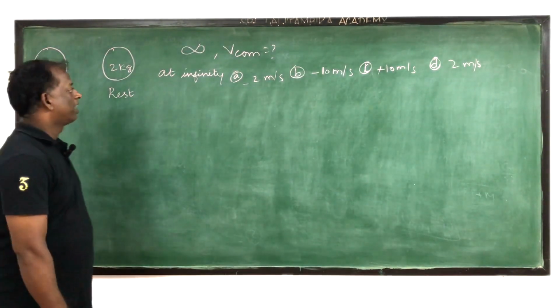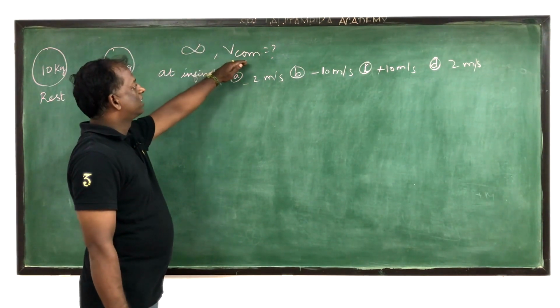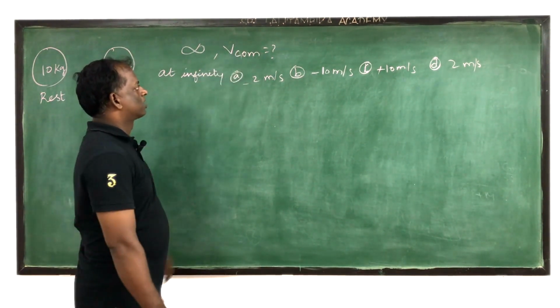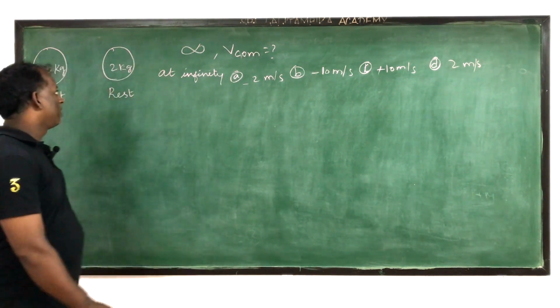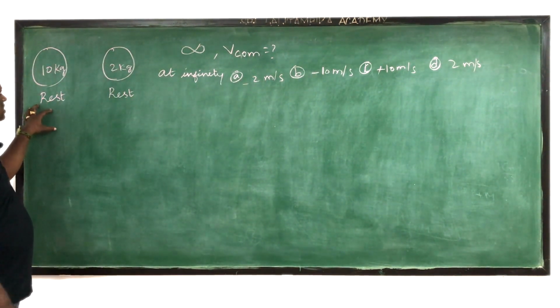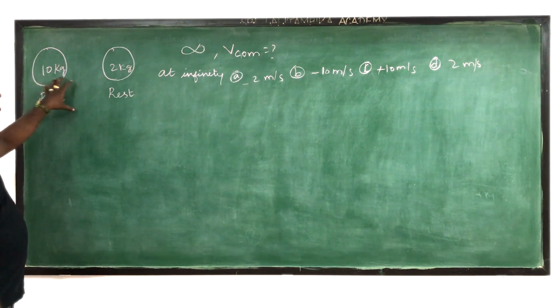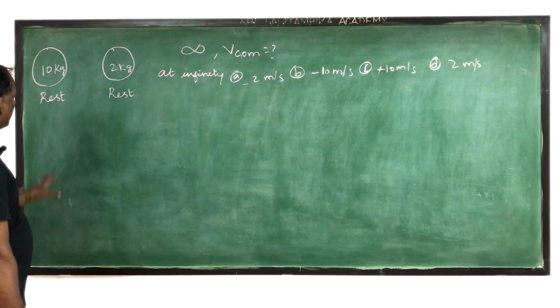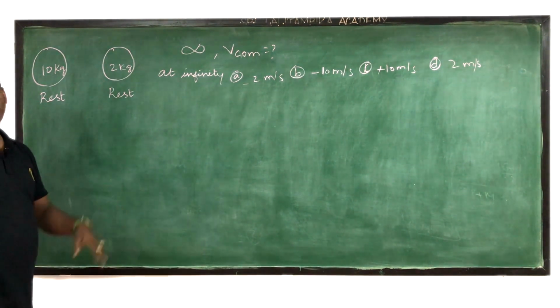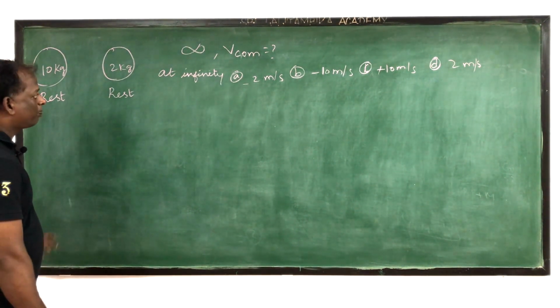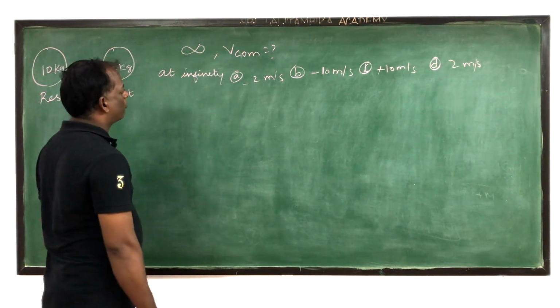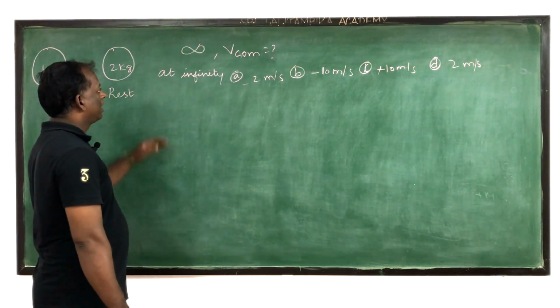So இந்த क्वेश्चन நம்ம என்ன கேட்டிருக்காங்க? Velocity of center of mass கேட்டிருக்காங்க. பட் எப்ப two masses, ஒரு மாஸோட weight வந்து 10 kg, இன்னொரு மாஸோட weight வந்து 2 kg. அப்ப ரெண்டு மாஸுமே எதுல இருக்குது? It is இந்த ரெஸ்ட்ல இருக்குது நமக்கு. அப்ப இப்ப கண்டுபிடிங்க, what is the velocity of the center of mass at infinity.